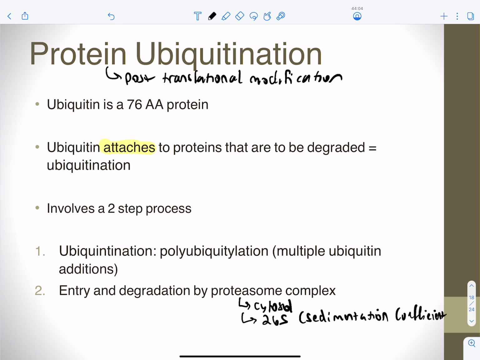It has what is referred to as a barrel-shaped core and regulatory complexes, and its whole purpose is to degrade proteins in an ATP-dependent manner. Now, an alternative to the proteasome complex is something called autophagy, or self-eating.